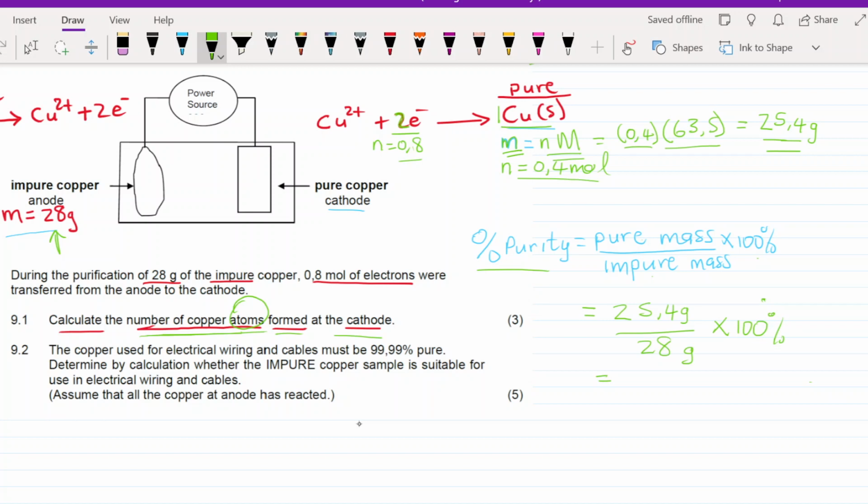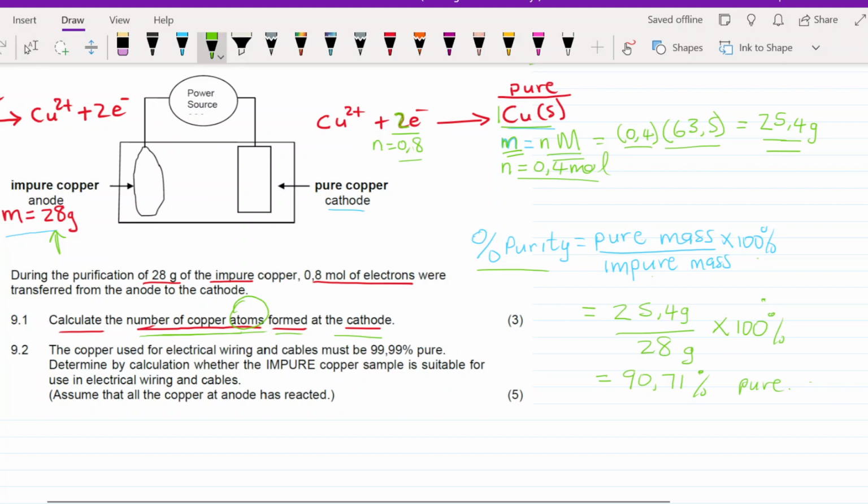So when you calculate that, 25,4 divided by 28 multiplied by 100, I got 90,71. I got 90,71% pure. So the question was asking, the copper used for electrical wiring and cables must be 99,99% pure.